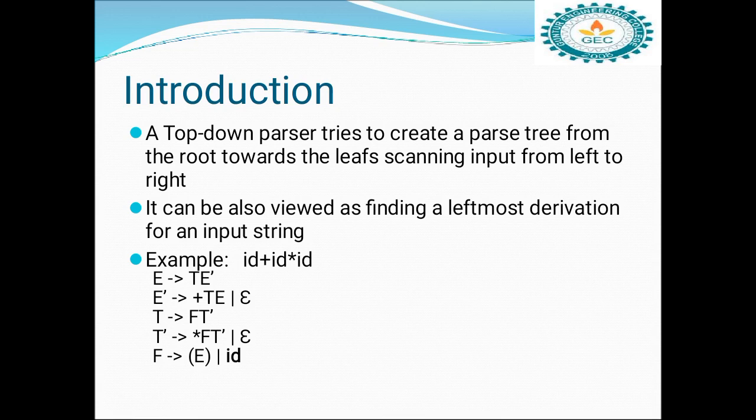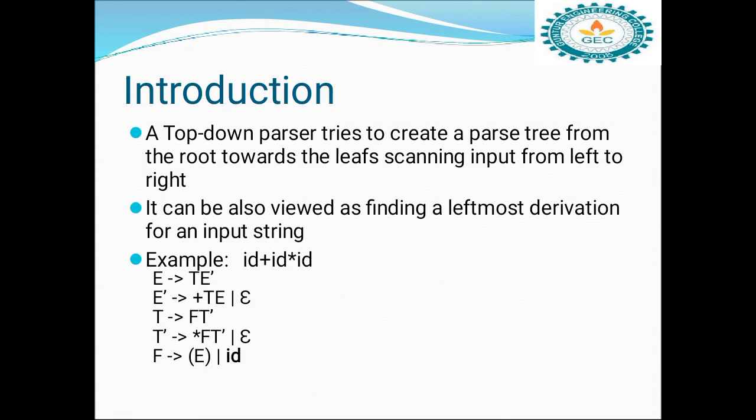So top-down parsing means generating the parse tree from the root node to the leaf nodes. Here is one example, id plus id star id. This is the input stream, with the given productions. We can generate the parse tree using the context-free grammar.